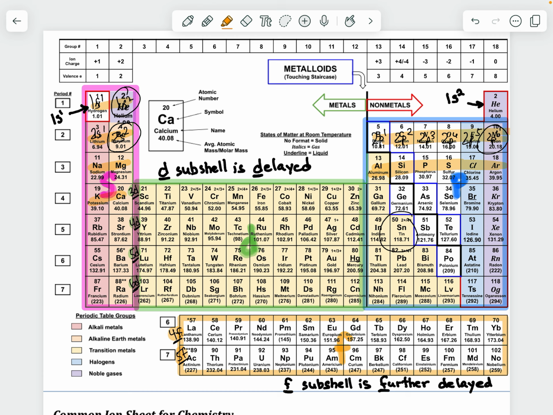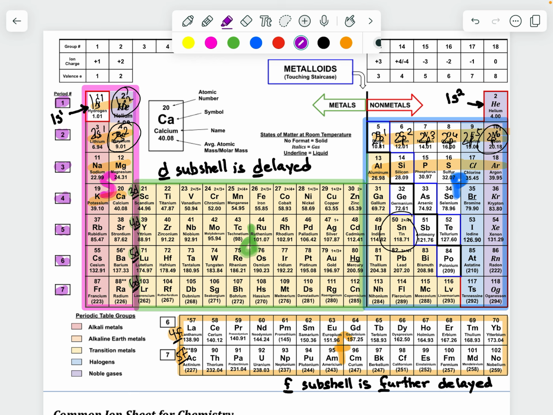We get to these, what we call transition metals, and this D subshell, this block that's green, is actually delayed. So all of the electrons that are right here or right here, those are actually a part of the previous energy level, right? These over here on the side, these period numbers are our energy levels.